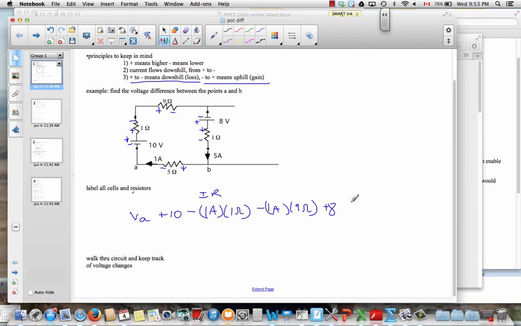And then we go downhill here, so that's a loss, it's 1 ohm times 5 amps of current, and then we arrive at the point B. So adding those all up, I get VA, so this is 18 minus 15, that's 3.